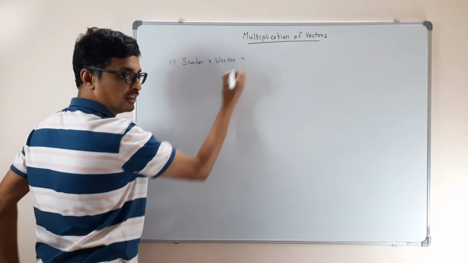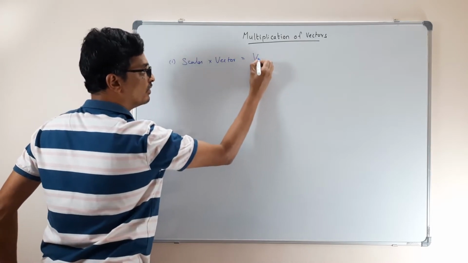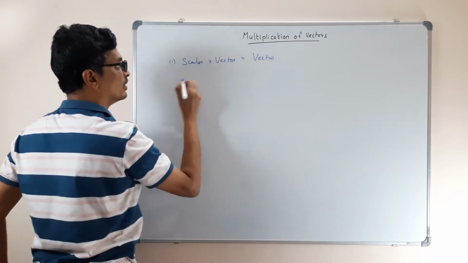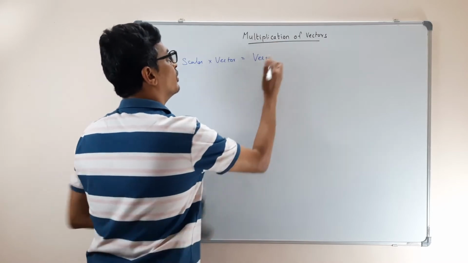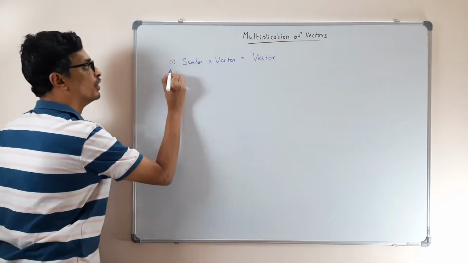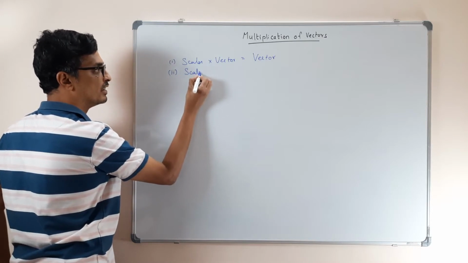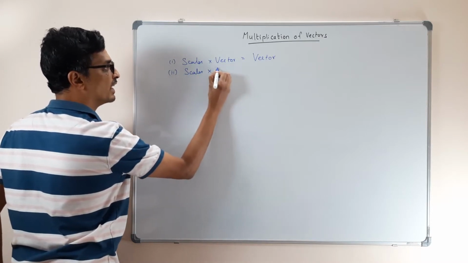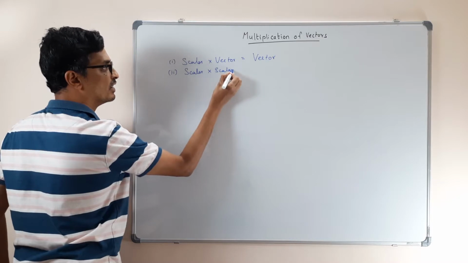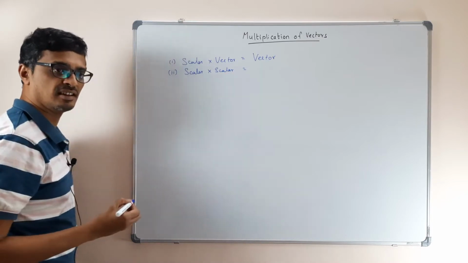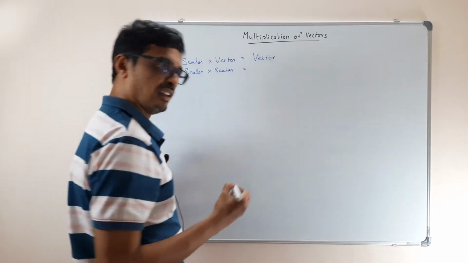This we saw. That will be a vector. Then the second one is scalar into a scalar. It will be a scalar only.